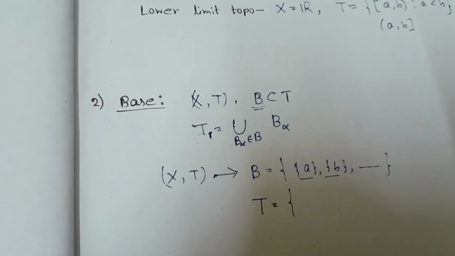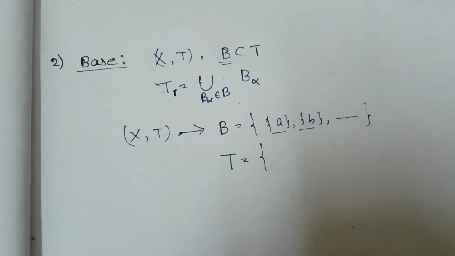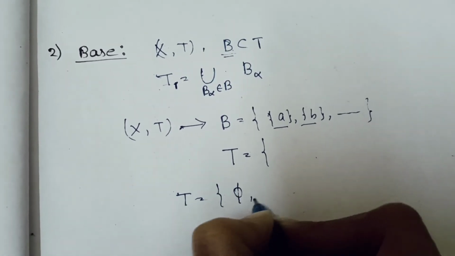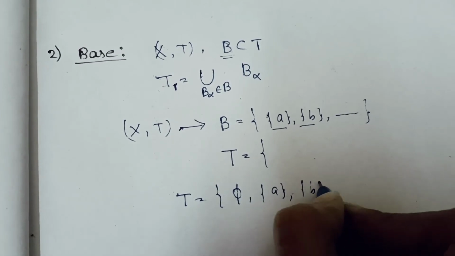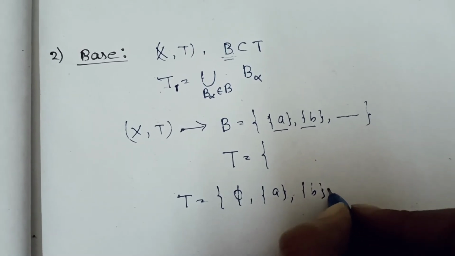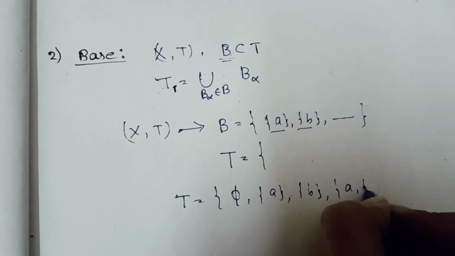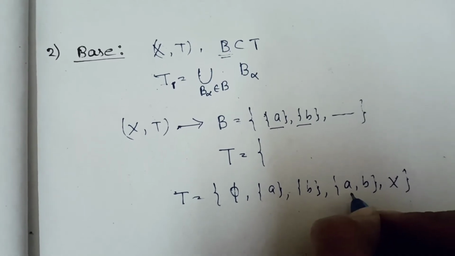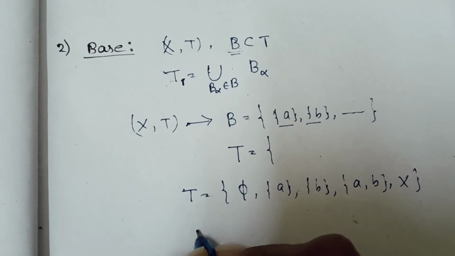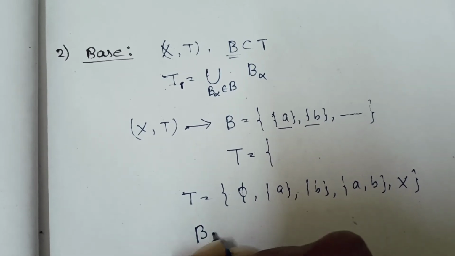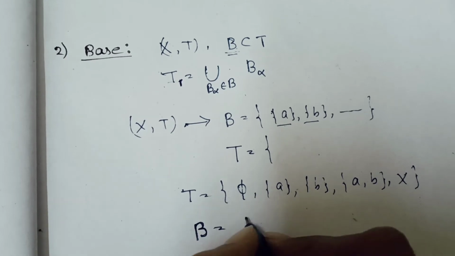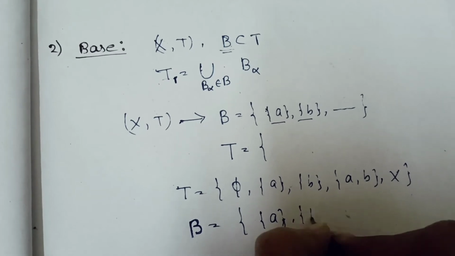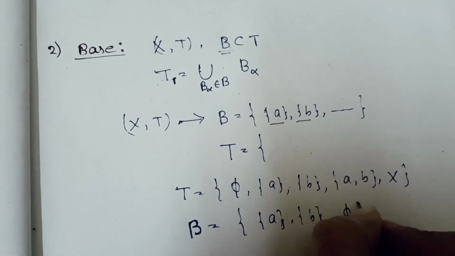Okay, now let us take another example. This is for the finite case. Let T be {phi, {a}, {b}, {a,b}}, since {a} and {b} both singletons are in T, the set containing a and b also lies in T because this is a union. Now a base of T will be {a}, {b}, and phi.